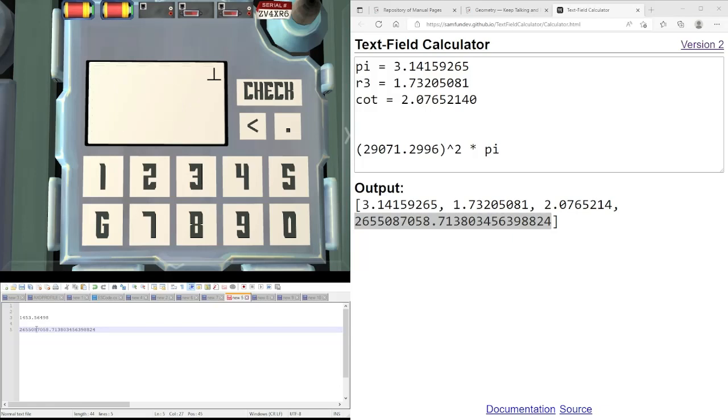So 1, 2, 3, 4, 5, 6. We're going to cut off at this point, with 6 decimal places this way: 713,803. Then the 4 does not round the 3 up, so we get this. This is our final value.